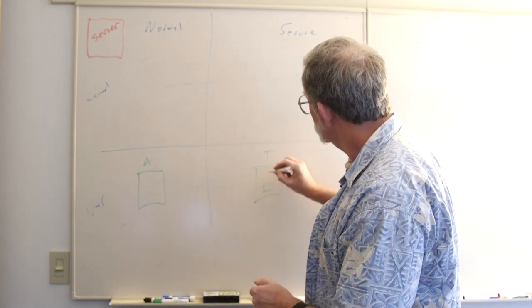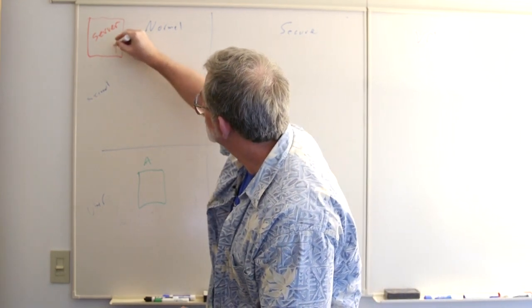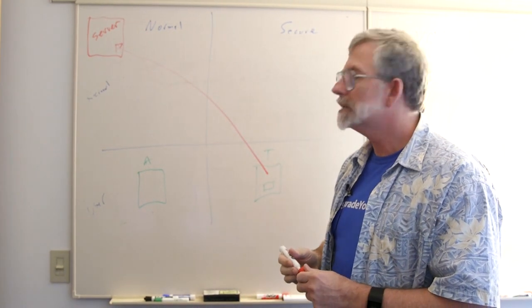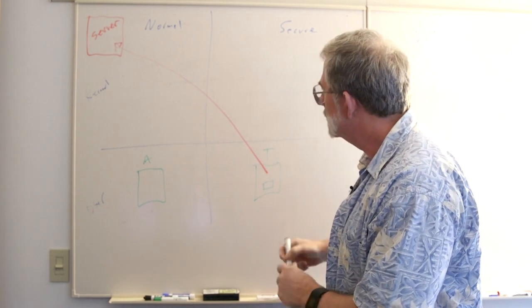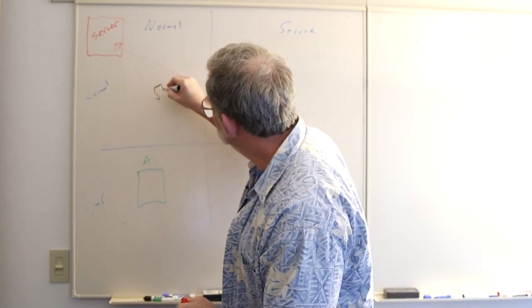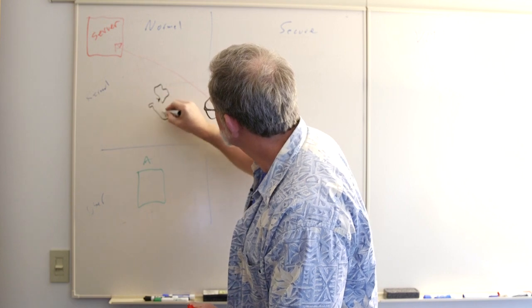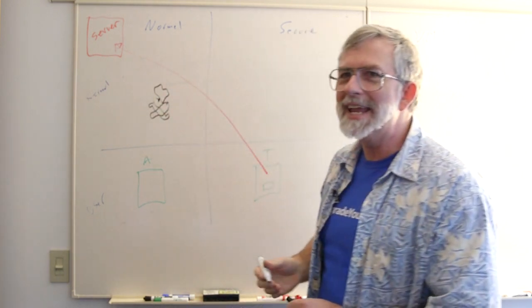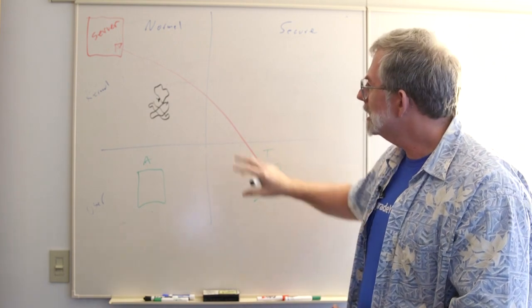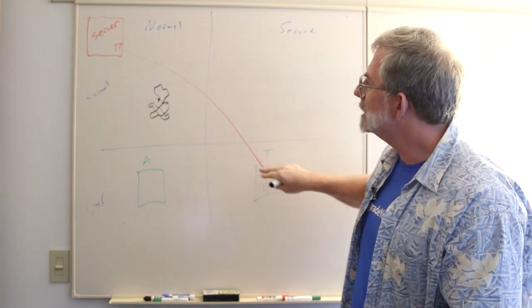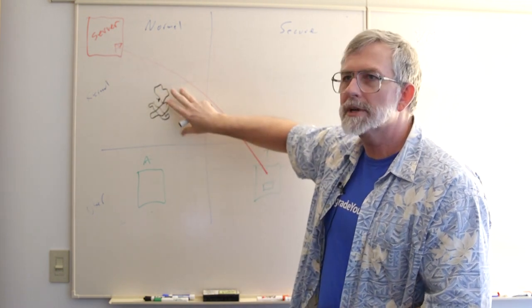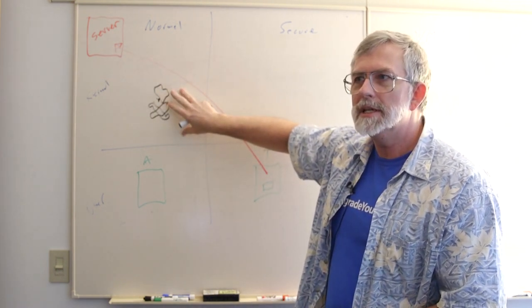And I need this trustlet to talk to this server in order for something to happen. And it's got to cross no man's land. I don't know how to do these skull and crossbones, right? This is danger, Will Robinson. Because I'm going to take my secret information, I'm going to talk to the server with it, but the network and everything else, it's going to have a hand on it.